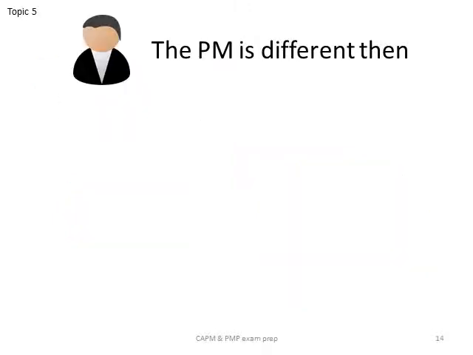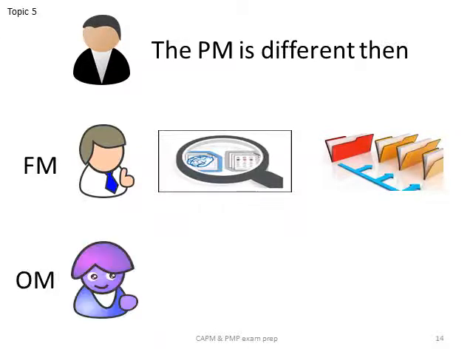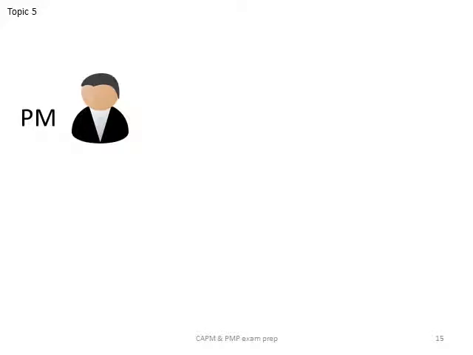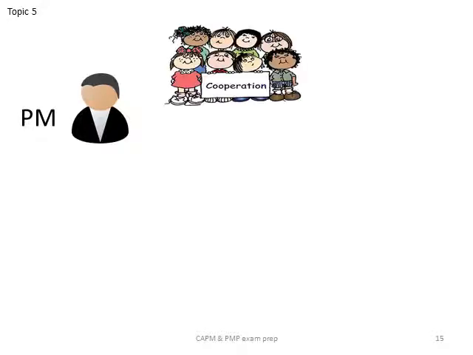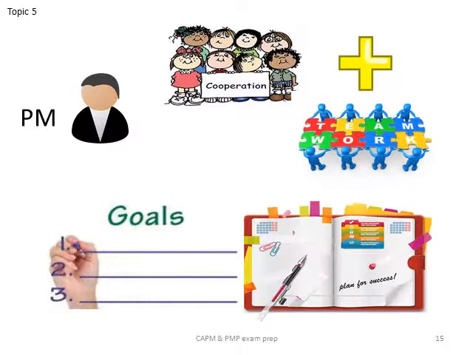The project manager's role is different from that of a functional or operational manager because the functional manager is focused on providing management oversight for business units, and the operational manager is responsible for ensuring that the business operations are efficient and productive. The project manager works closely and in cooperation with all managers, stakeholders, and with the project team to achieve the goals of the project.